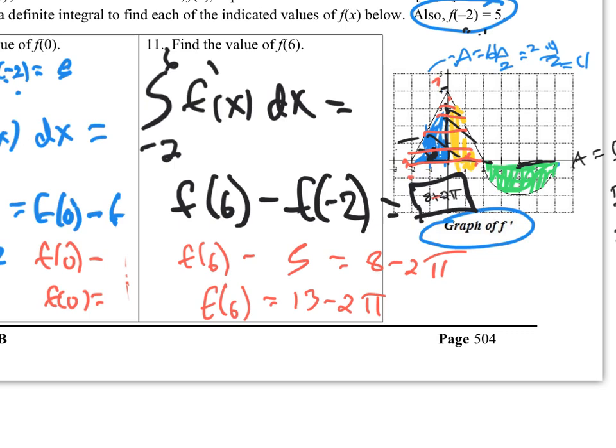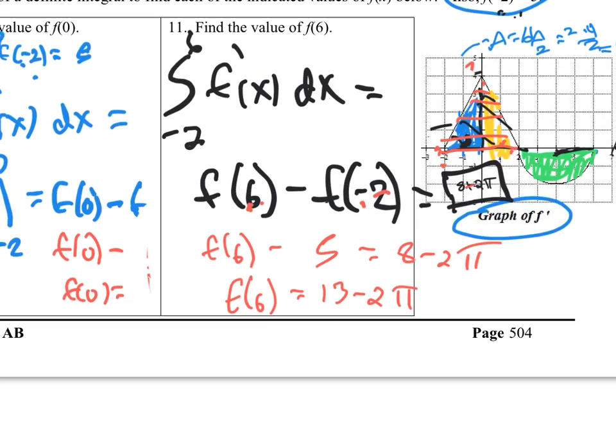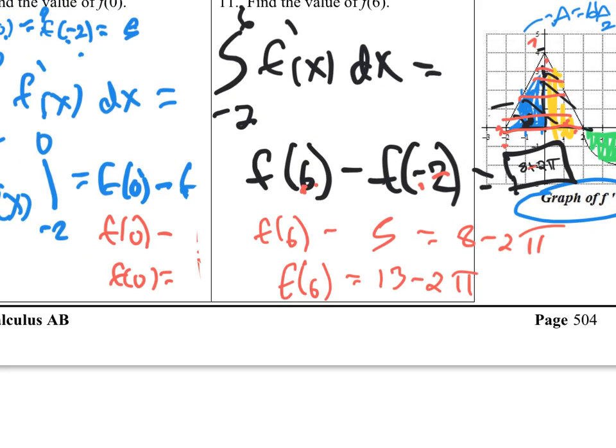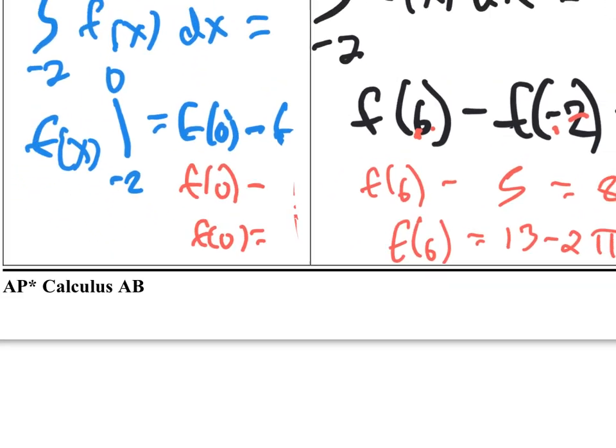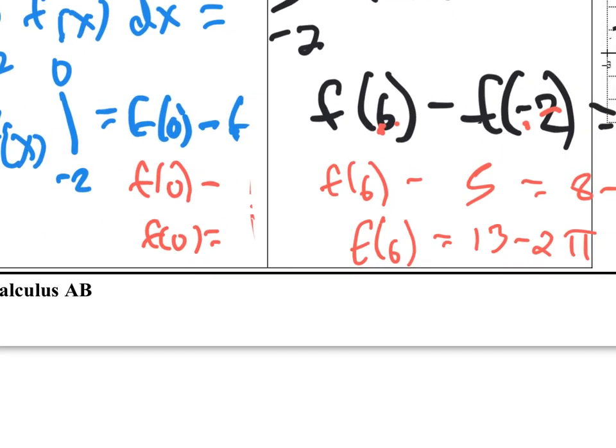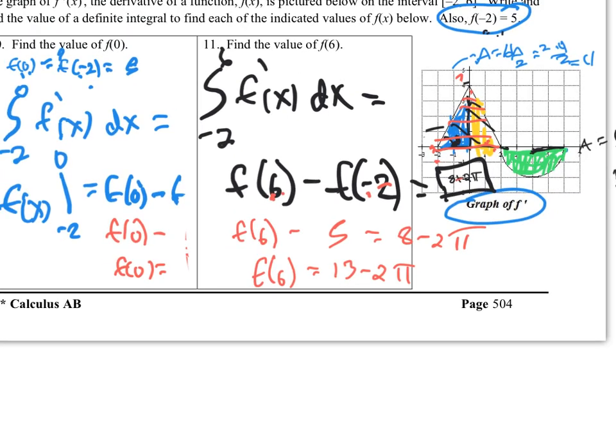Because you have to use the limits that are here. You can't start at 0. I don't think it'll give you the same answer. Yeah, I'm pretty sure you got to start from the 6 and the -2 because every scenario is different.